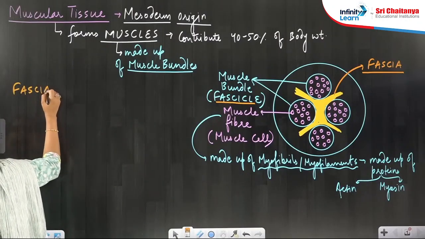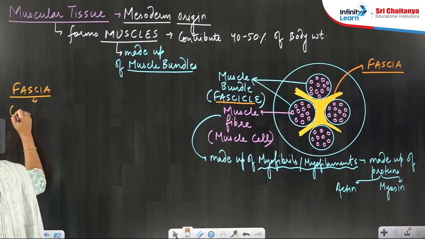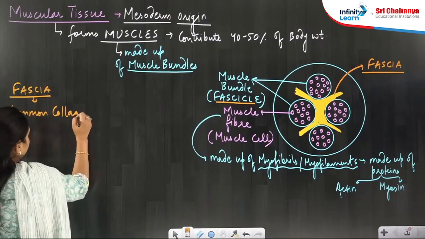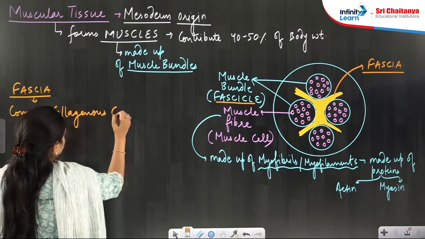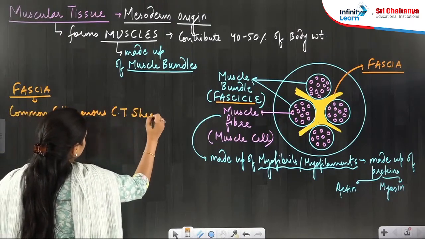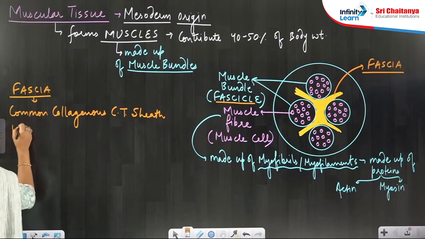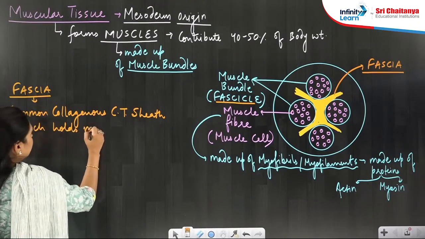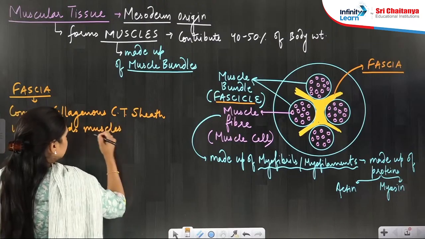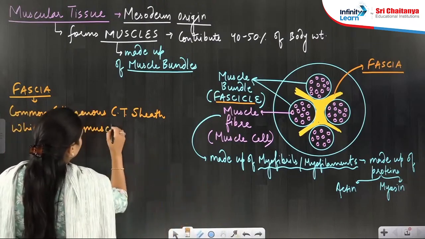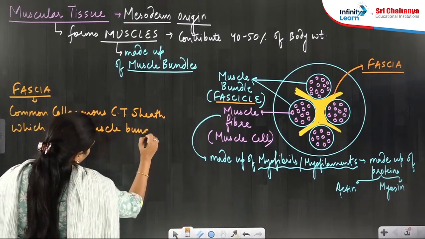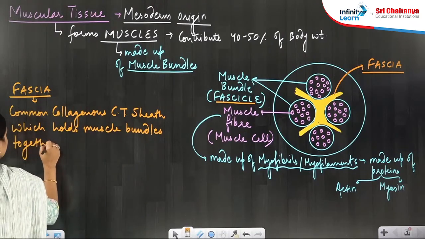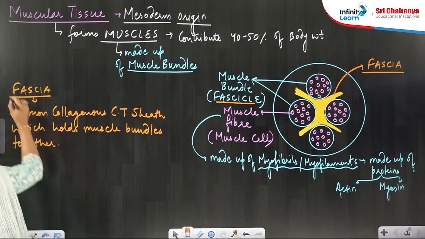Fascia is the common collagenous connective tissue sheath which holds muscle bundles or fascicles together. So that is fascia.